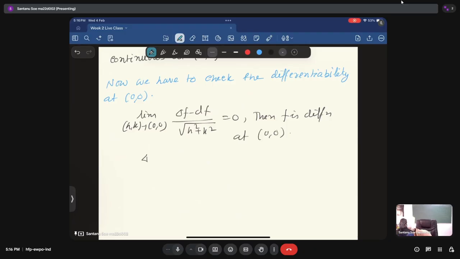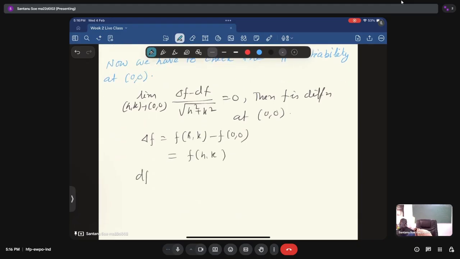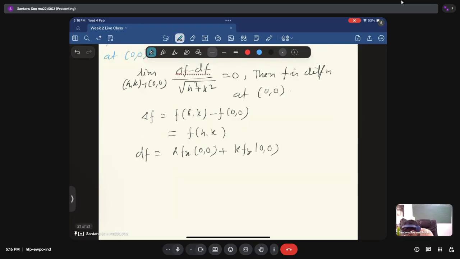So Δf is nothing but f(h, k) minus f(0, 0). So this is the same as f(h, k), and df is nothing but h fx(0, 0) plus k fy(0, 0).